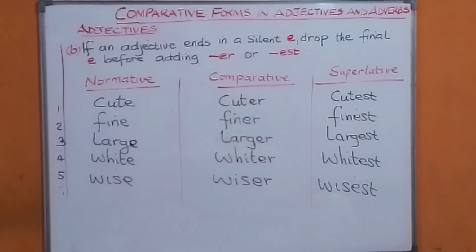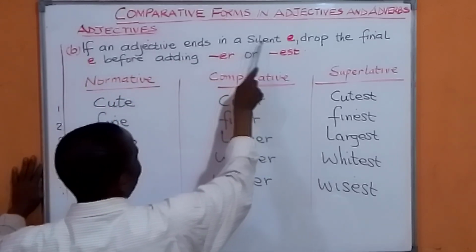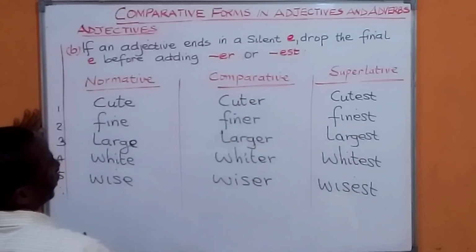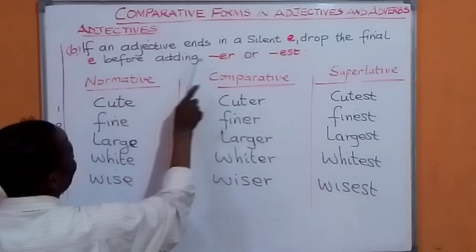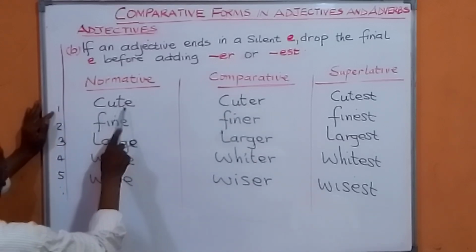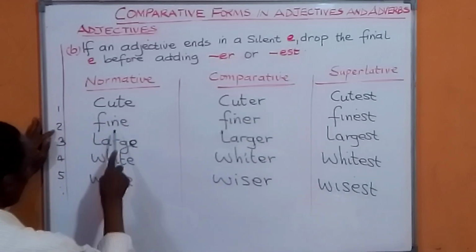Remember, look at the rule. The rule says, rule B, if an adjective ends in a silent E, we're looking at adjective, drop the final E before adding ER or EST. So we have cute, cuter, cutest.